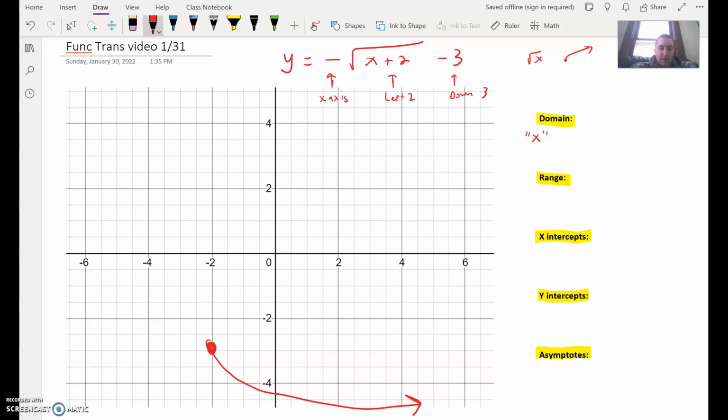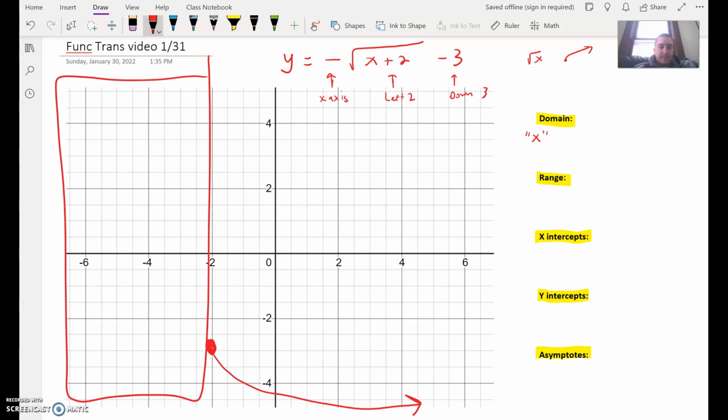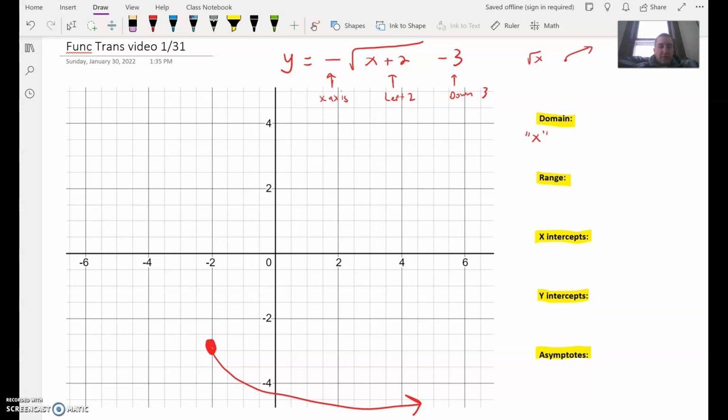Notice that this is where our graph starts. There are no points to the left of this. There are no points to the left of that value. So the farthest left that our x value goes is negative 2. Negative 3 doesn't work, negative 4 doesn't work, negative 5 doesn't work.